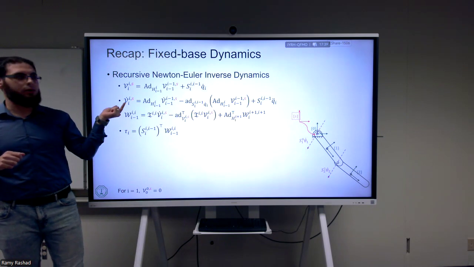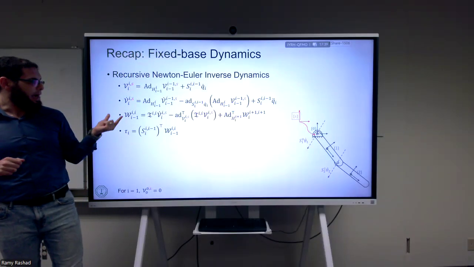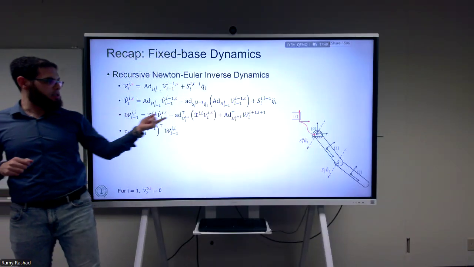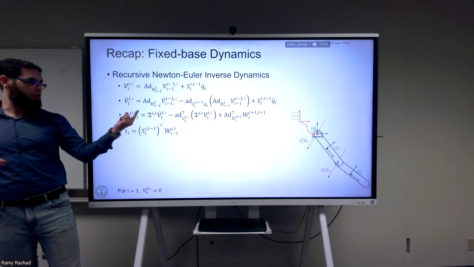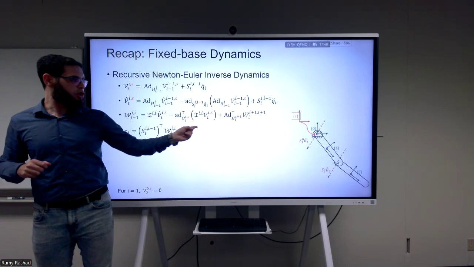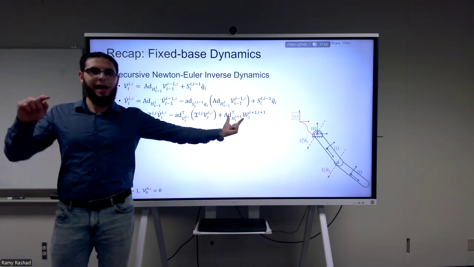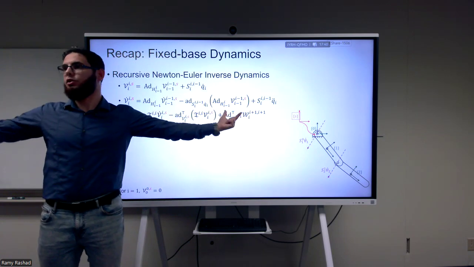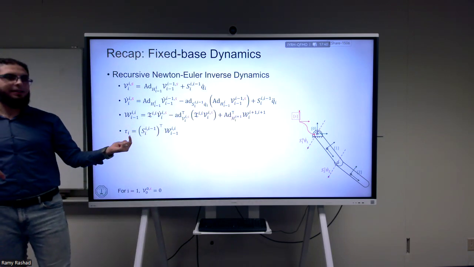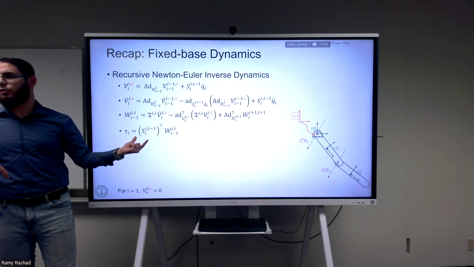Then the V dot is given by the time derivative of this equation, and this is nothing else than the dynamics: the generalized inertia multiplied by the V dot, the gyroscopic terms, and the reaction wrenches from the next link. So you see we have this recursion here, and in the end, the torques are related to the reaction wrenches simply by the S transpose.